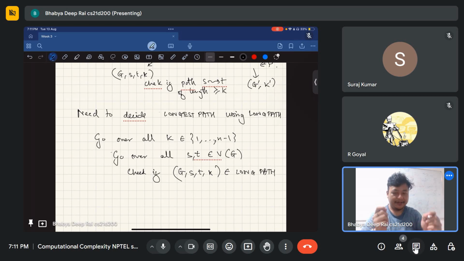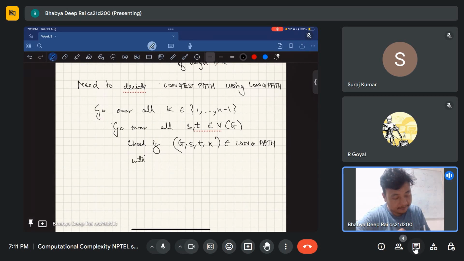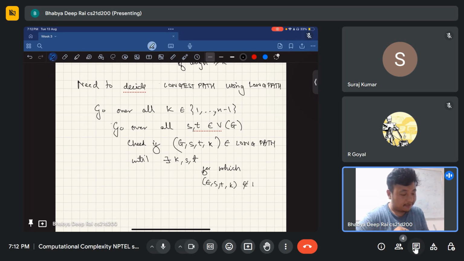What does long path say? It is at least k length. It is at least k plus 1 length, and that's how we go. There is a path of length at least 1, at least 2, at least 3, and so on and so forth, until there exists a k, S, T combination for which this G, S, T, k does not belong to long path.